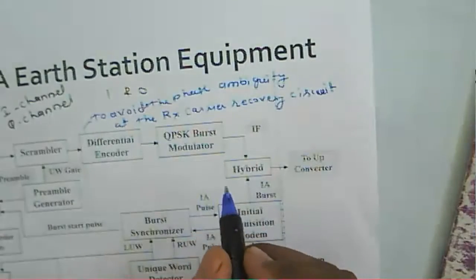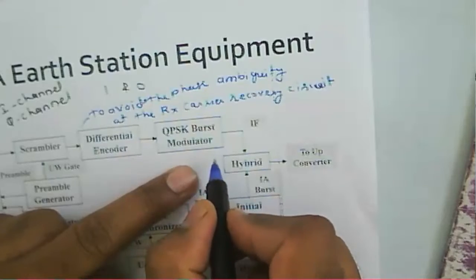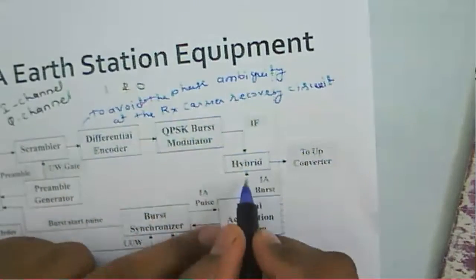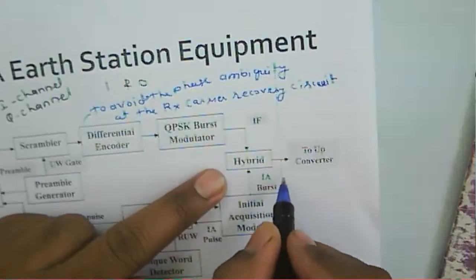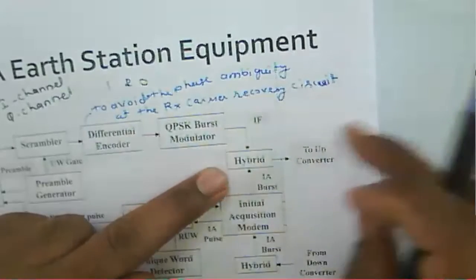And if you see this modulated output, and we have the input from this IA bus, so that it will be up converted. So that is about the transmitter.